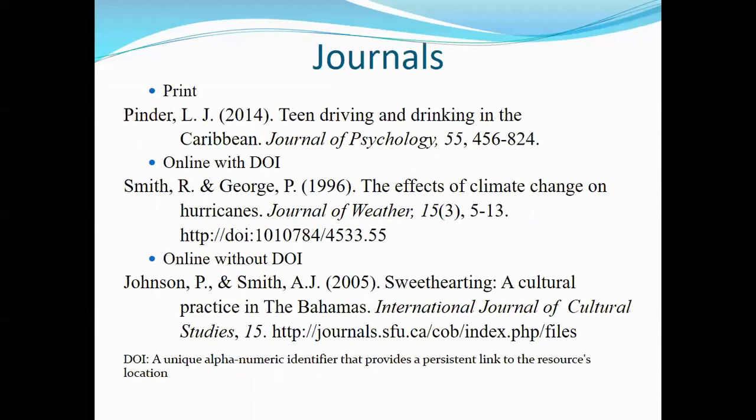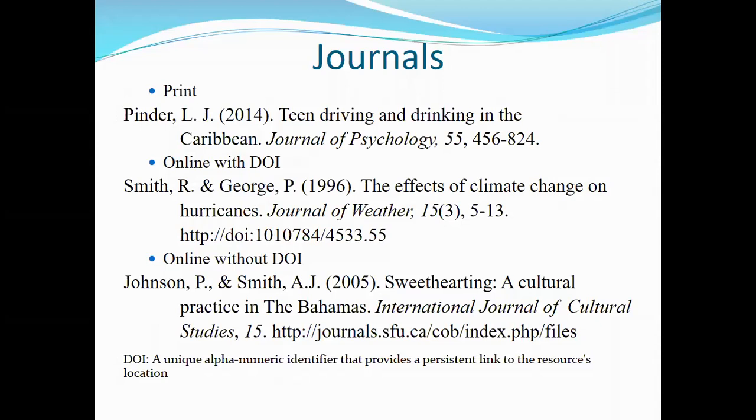This page shows how to cite journals on your reference page. Again, still following the same format: author, year, title, and where it can be found. In this case, in the first example, the Journal of Psychology, that's italicized, page range given. But most of the research that you do will probably be found on websites, right?